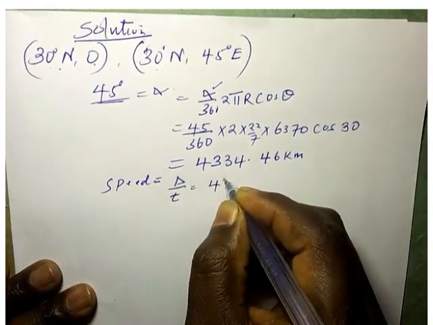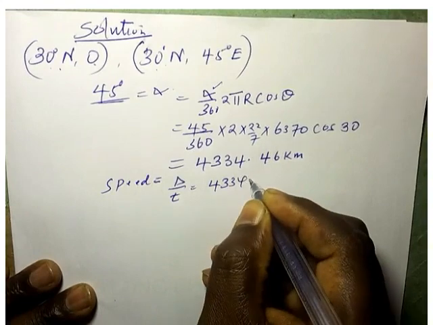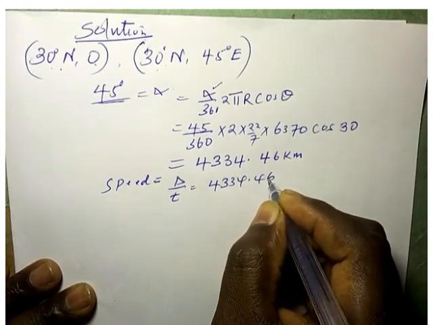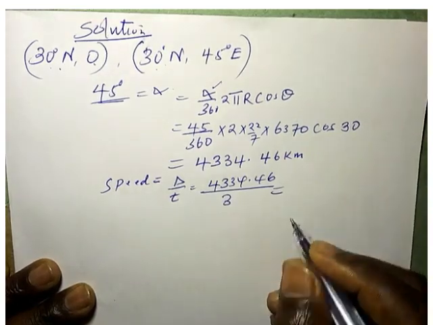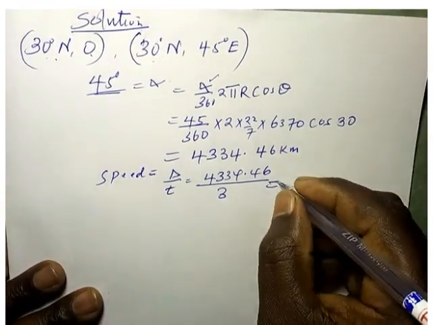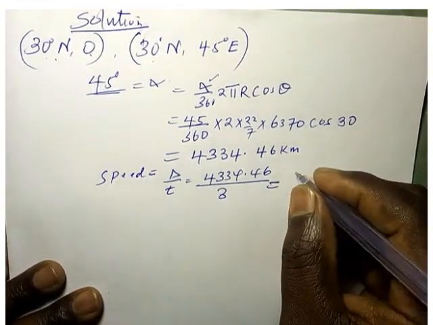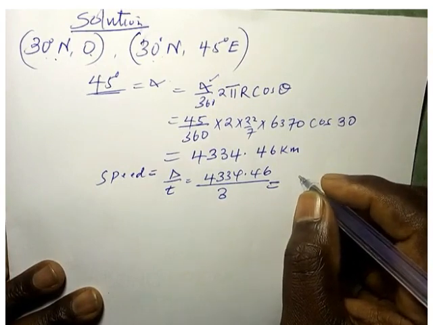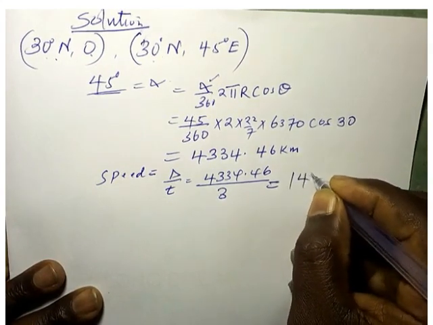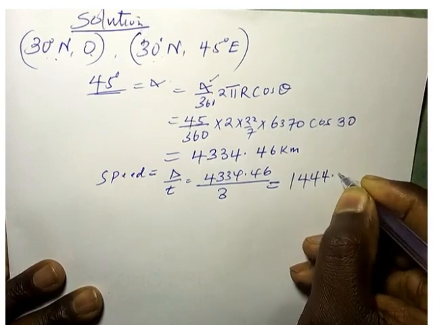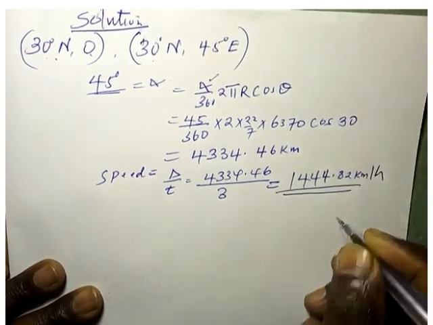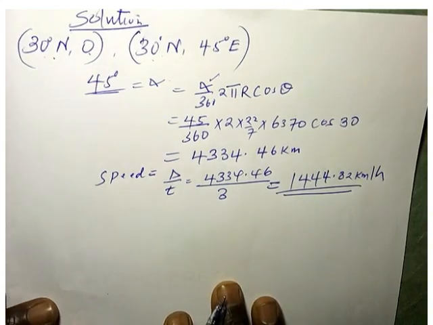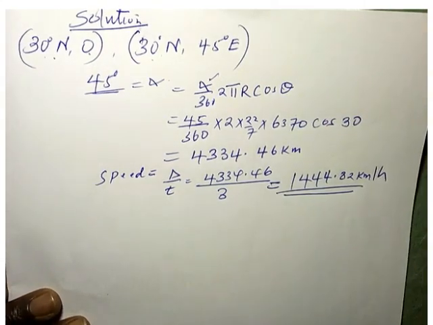Our distance is 334.46 and our time is 3 hours. We divide by time, which gives us 111.49 kilometers per hour, and this is the speed. So you see, you need to calculate the distance first.